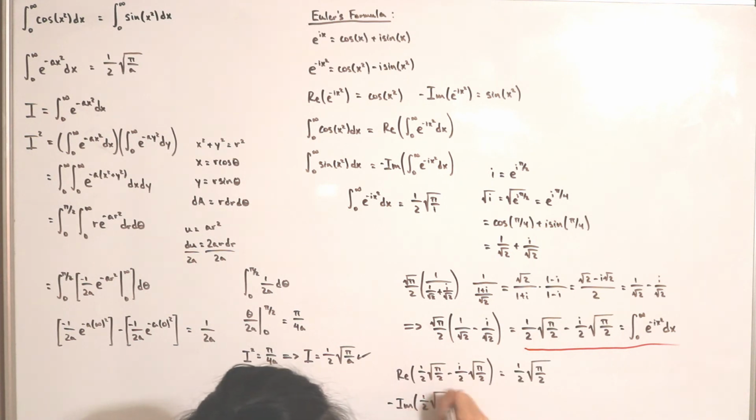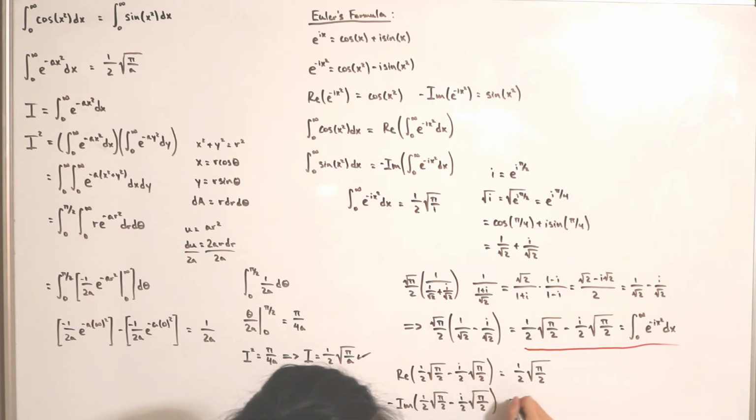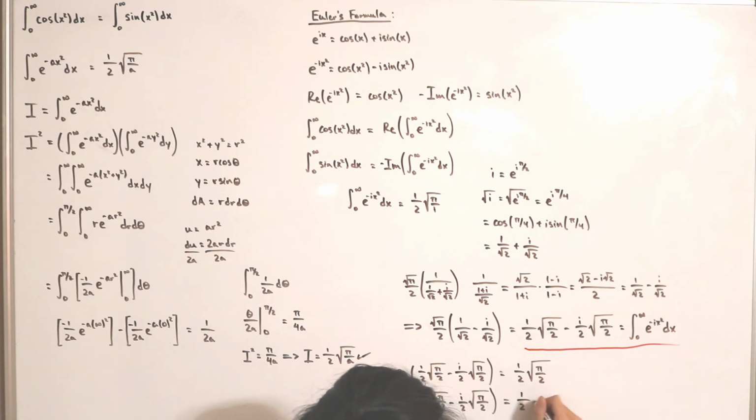We take the imaginary part, which is negative 1/2 square root of pi divided by 2, multiplied by that negative, so we get 1/2 square root of pi divided by 2.